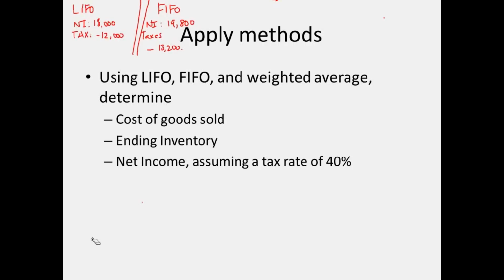The other thing you need for LIFO to work out the way I'm describing is also inventory. You can't drop your inventory levels. Let's suppose you have some really old stuff in your inventory, not literally old, but old prices.